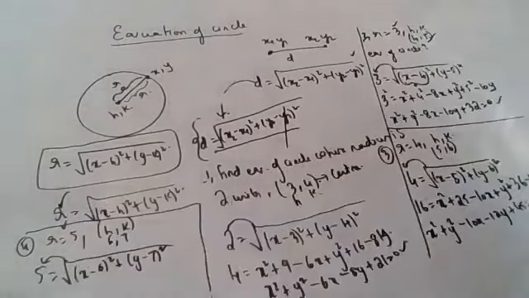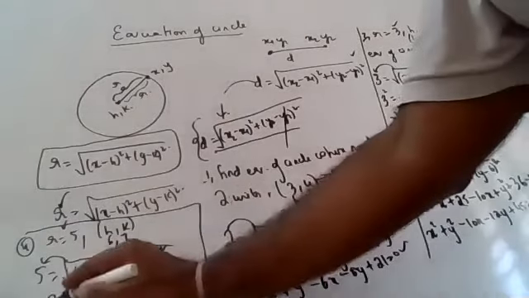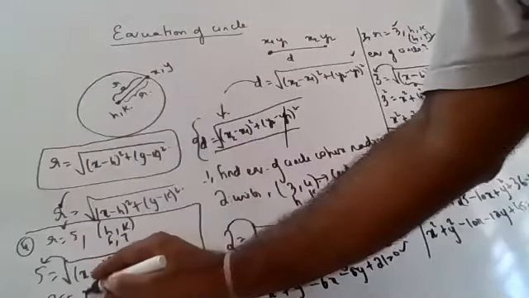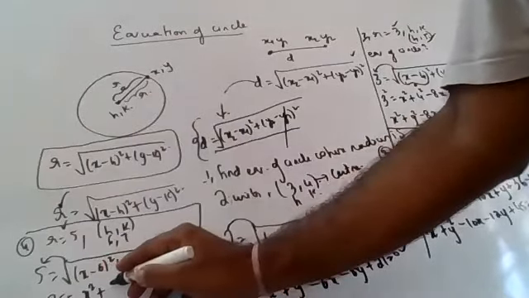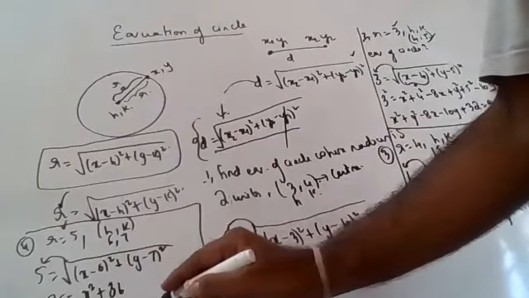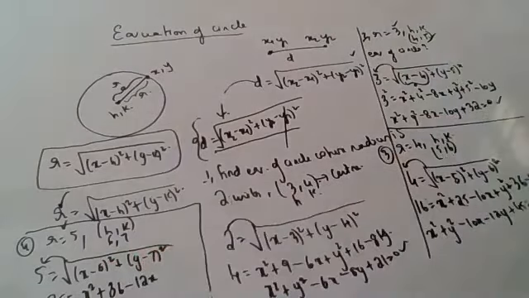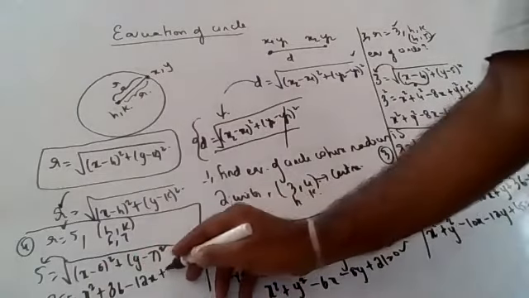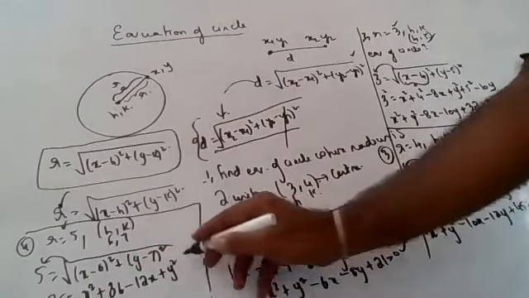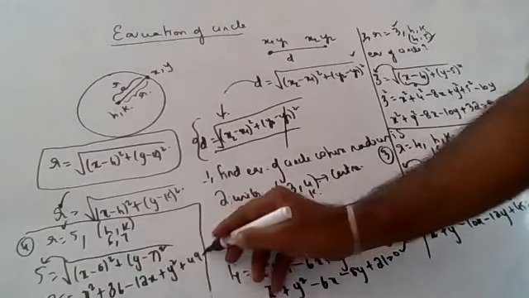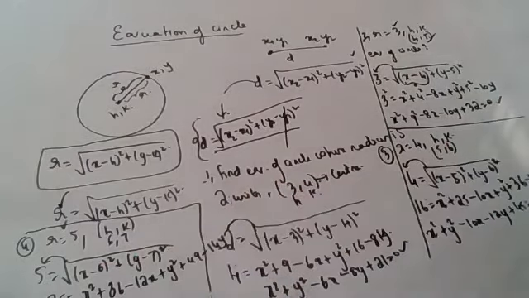The root comes here. 25 is equal to x square plus 36 minus 12x, plus y square plus 49 minus 14y.